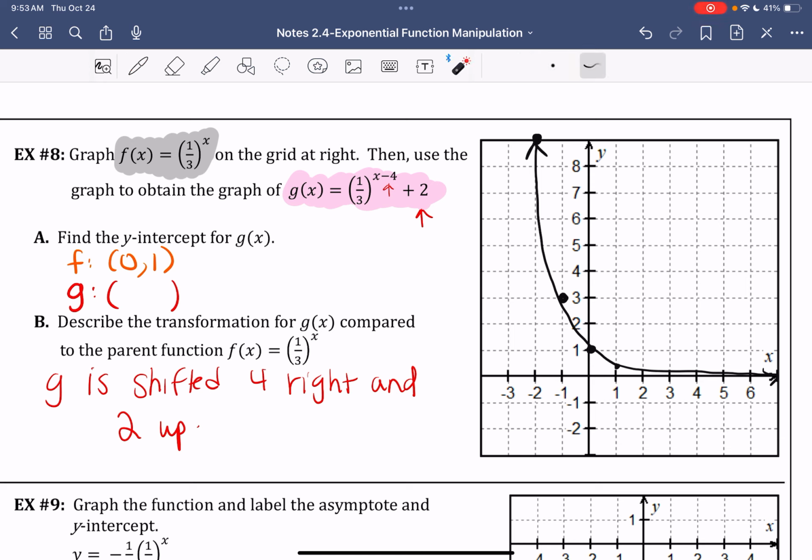So I'm going to take just these points that I already have. If I go 2 up and 4 to the right, would now be here at 4, 3. Same thing with this point. It was at -1, 3, but I'm going 4 to the right and 2 up. So right here.